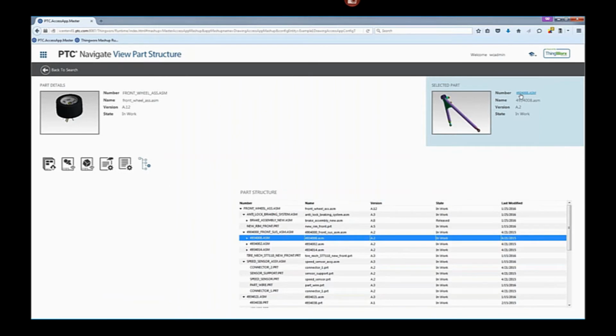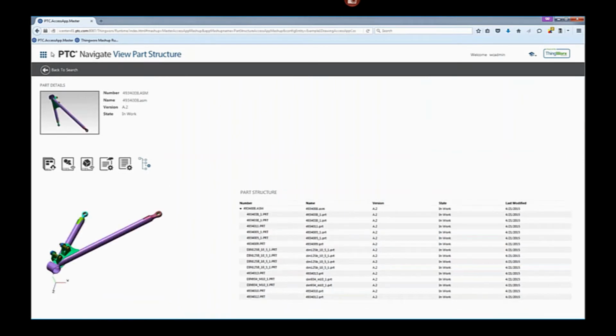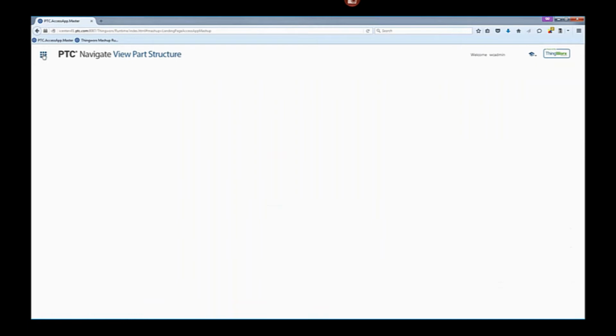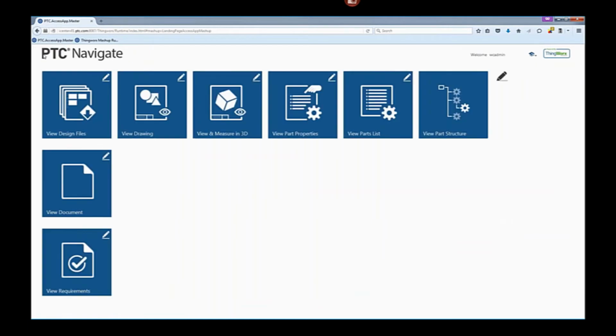So you can quickly get at the detail to understand the design, and then in particular, you can see information from other systems, whatever other systems are important for those particular items in that assembly. Maybe you need to know the quantity on hand from your ERP system.